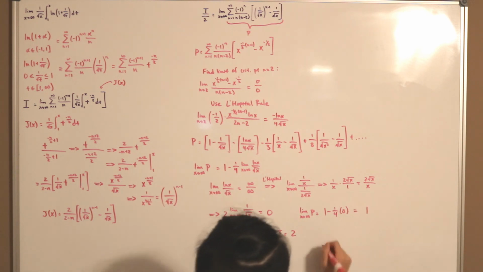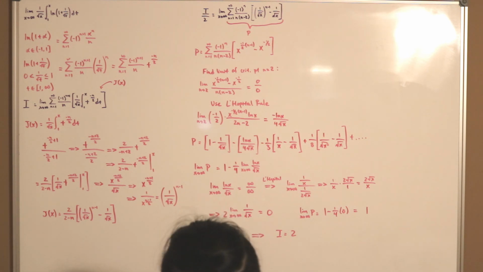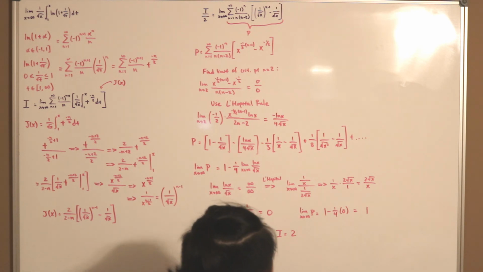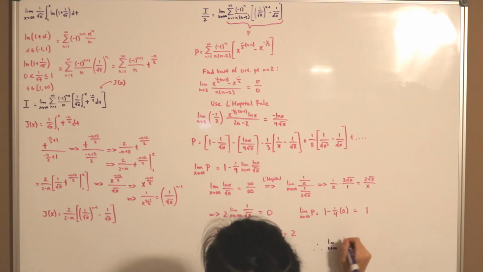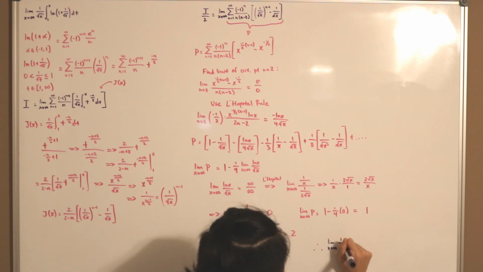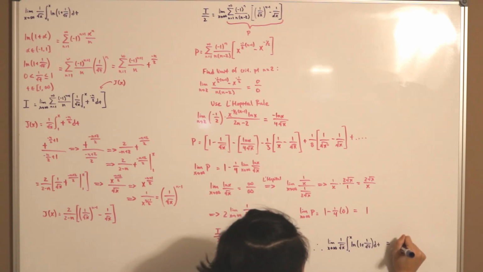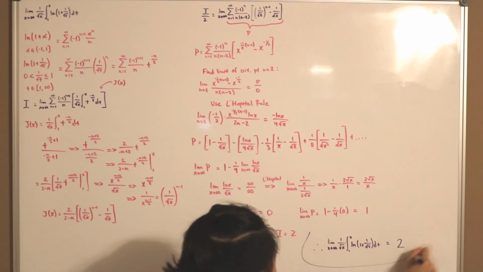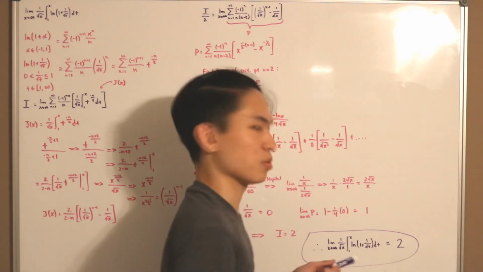So therefore, we can conclude, let me write this in purple, our final conclusion: the limit as x approaches infinity of 1 divided by the square root of x multiplied by the integral from 1 to x of the natural log of 1 plus 1 divided by the square root of t dt is equal to 2, like so. And there we have it. That's pretty neat. That's actually a pretty awesome integral.